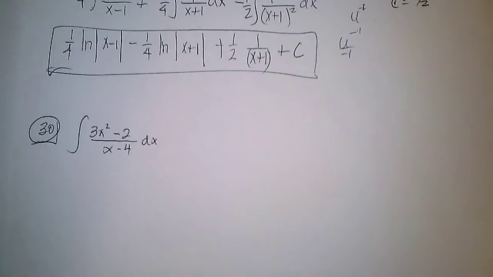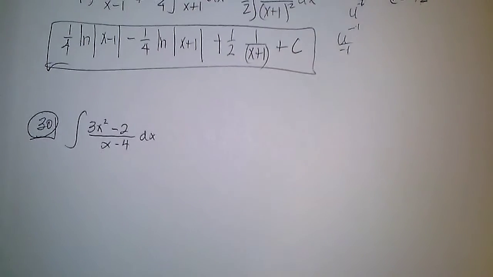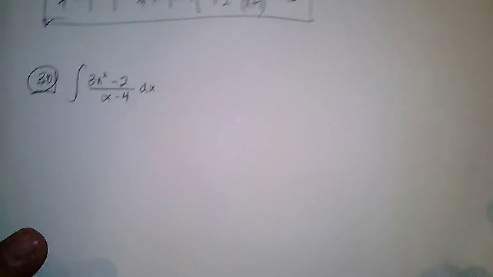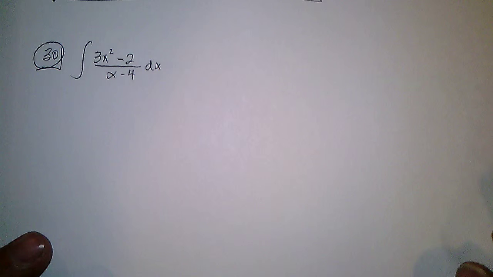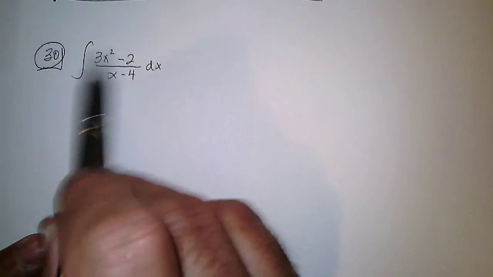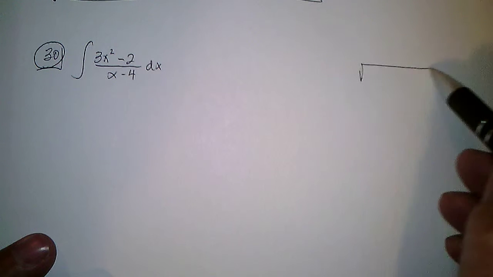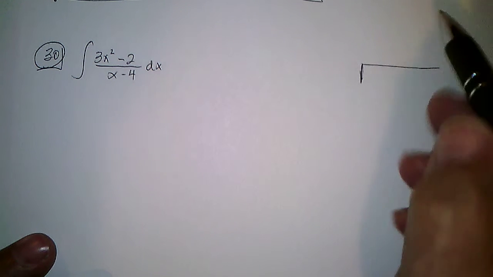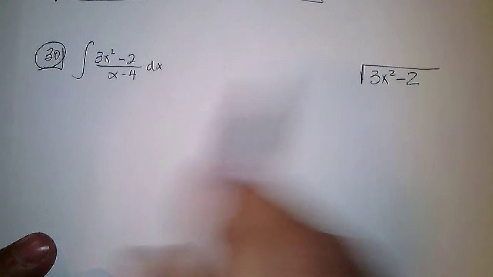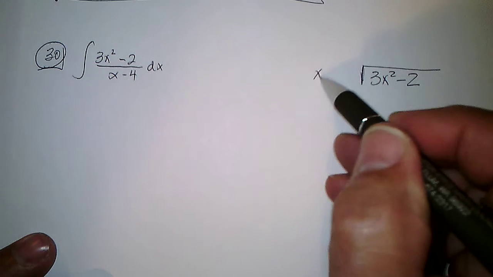All right, 30. Now this one's a good one to see because if we do long division, it makes this one pretty simple. So we're dividing this into this. So the numerator is always what goes inside the division sign. That's 3x squared minus 2 divided by x minus 4.